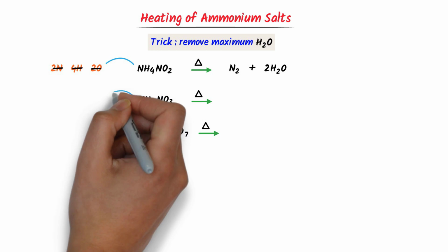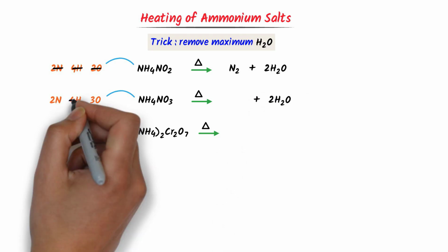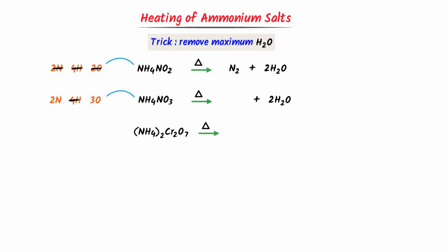Secondly, in case of ammonium nitrate, there are 2 nitrogen, 4 hydrogen and 3 oxygen. I can remove 2 water molecules from it. I write 2 water molecules. I cancel the 4 hydrogen atoms. Out of 3 oxygen atoms, 2 oxygen atoms are used in 2 molecules of water. 1 oxygen is remaining.